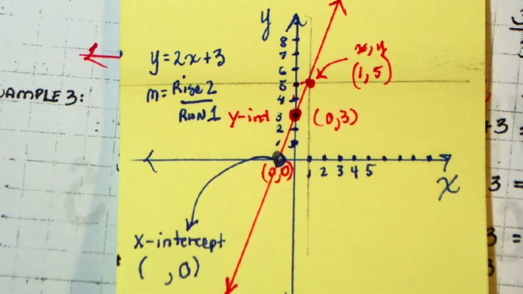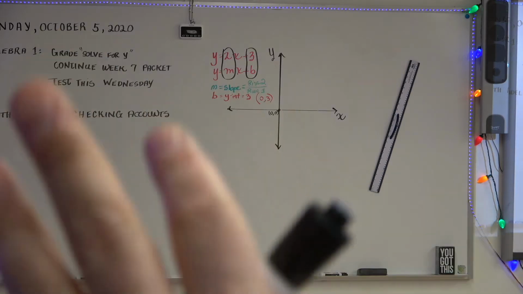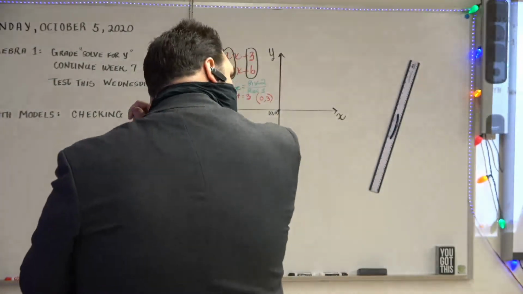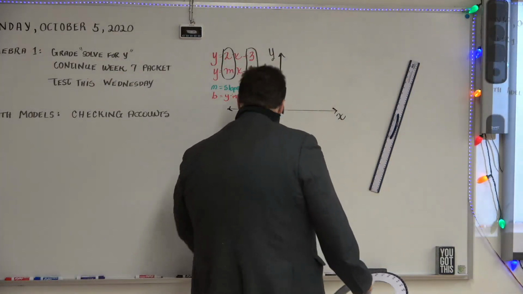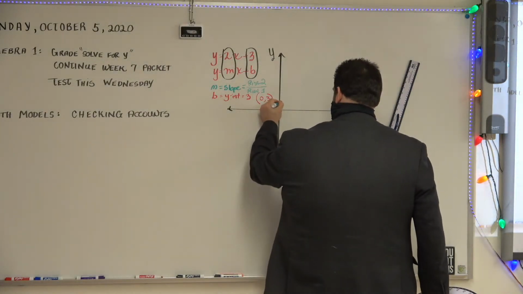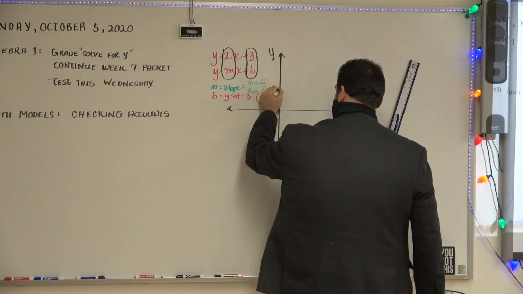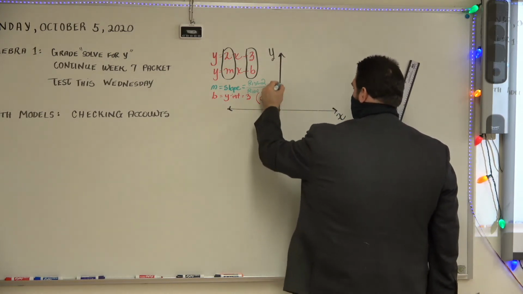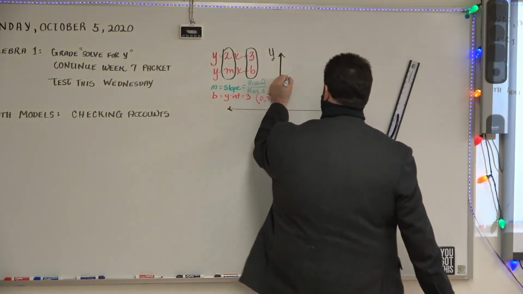Now I want to show you how to find the x-intercept. Good. Let me catch up here. It was 3, 1, 2, 3. And then we went up 2 over 1, up 1, up 2 over 1, about like that.